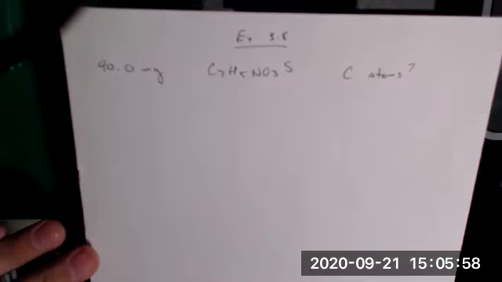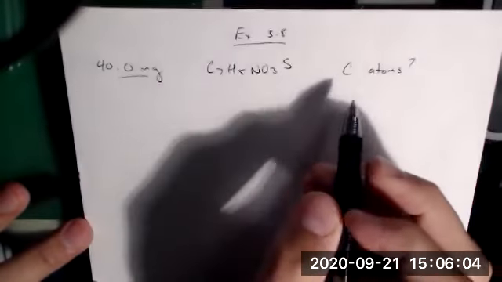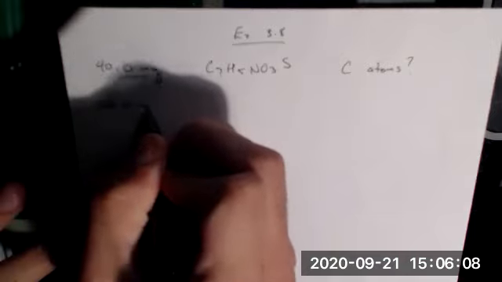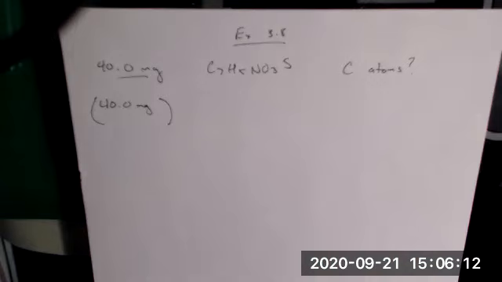So what do I do? Well, I start with the only number I'm given, 40 milligrams, and I've got to make my way all the way to atoms. I know I can't go right from grams to atoms; I have to go to moles first. But the fact that I'm given milligrams is significant. I can't go straight from milligrams to moles.